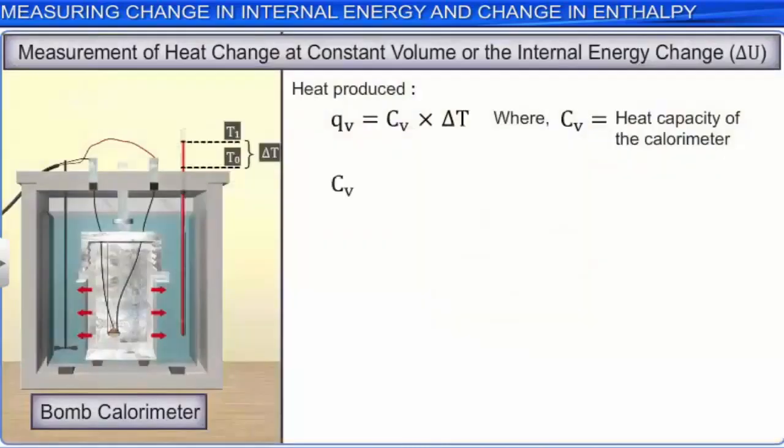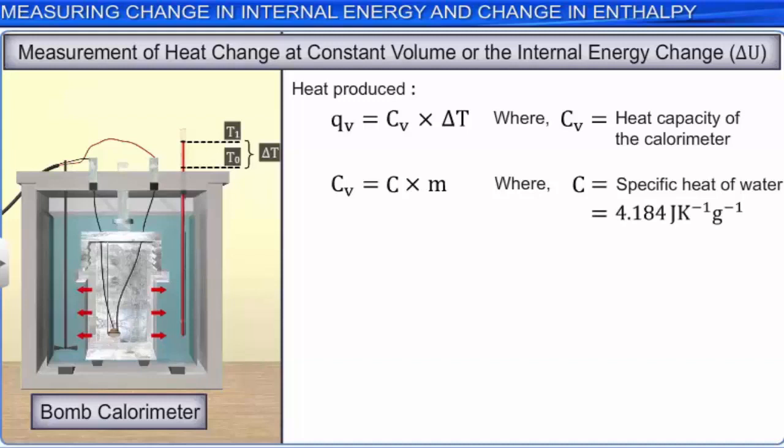And CV is equal to C multiplied by M, where C is the specific heat of water and is equal to 4.184 joules per Kelvin per gram, and M is the mass of water.